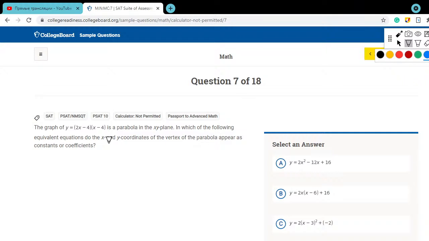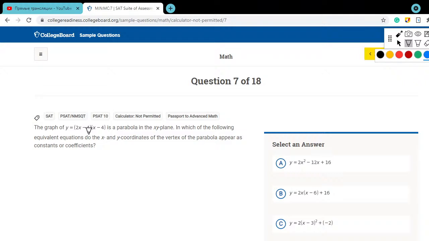So we know that we can write quadratic equations, or the function of a parabola, in several ways. This is one way of writing it. Here, this one helps us to find the roots or x-intercepts very easily.